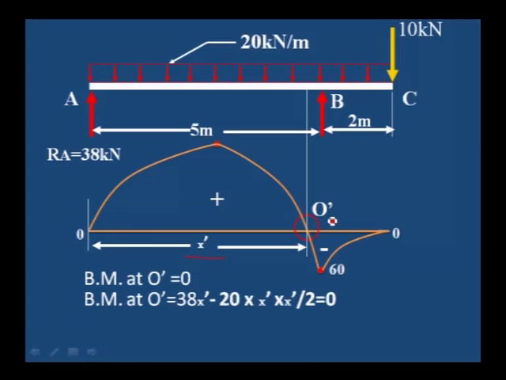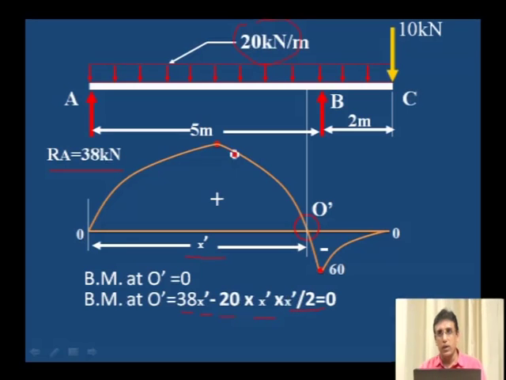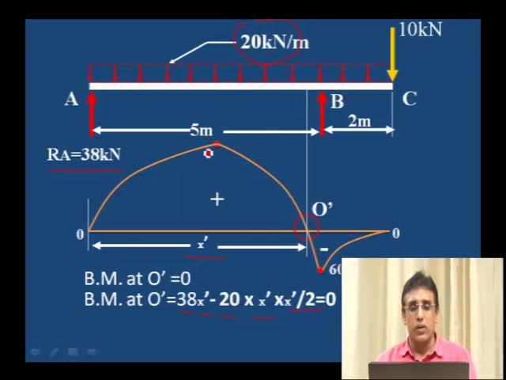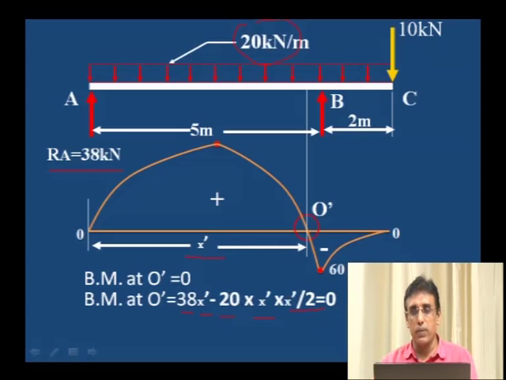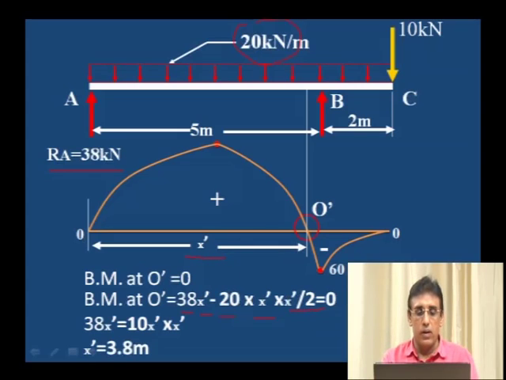Find the bending moment at O dash, that is RA into x dash, minus 20 kilonewton per meter into x dash, the total load is 20 into x dash, divided by 2, which acts at the center of the UDL, that is x dash divided by 2, must be equal to 0. If you simplify this, you will get the x dash value as 3.8. That means bending moment changes its sign at a distance of 3.8 meter from the A point. That is the point which is called the point of counterflexure.